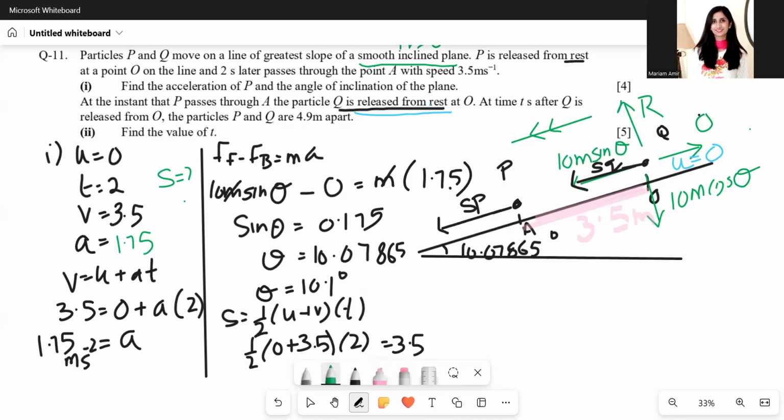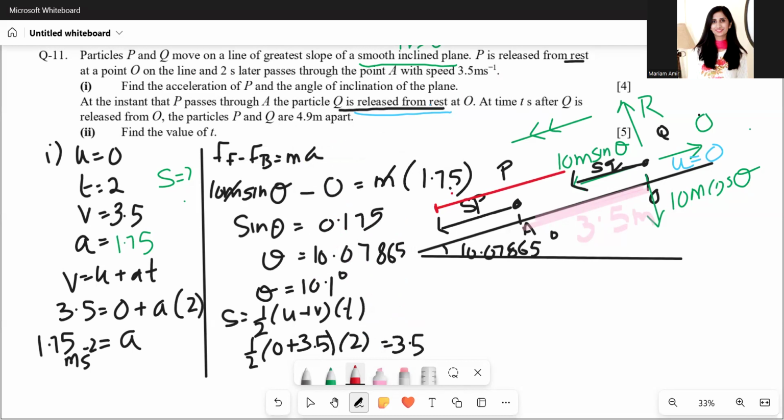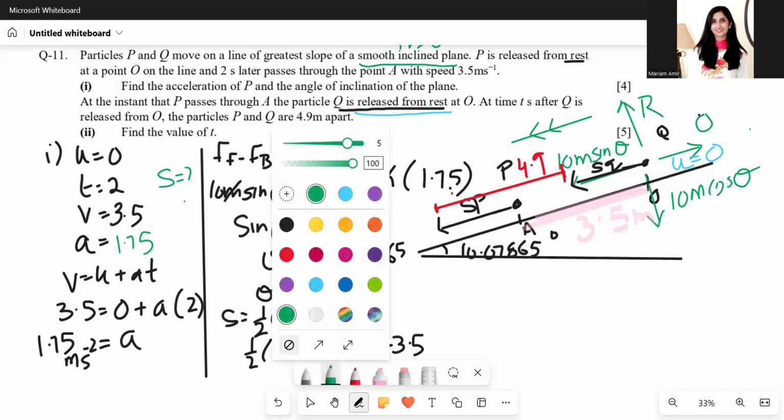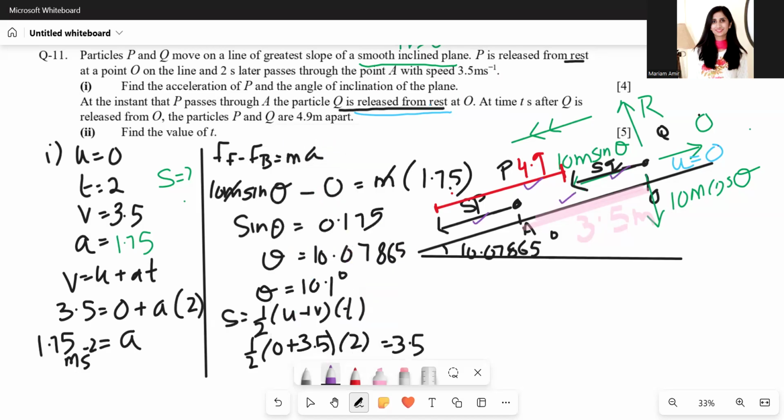That means I can say that this distance is 4.9 meters apart. Now what I want to do is form an equation that has SP in it, 4.9 in it, SQ in it, and this 3.5 in it.